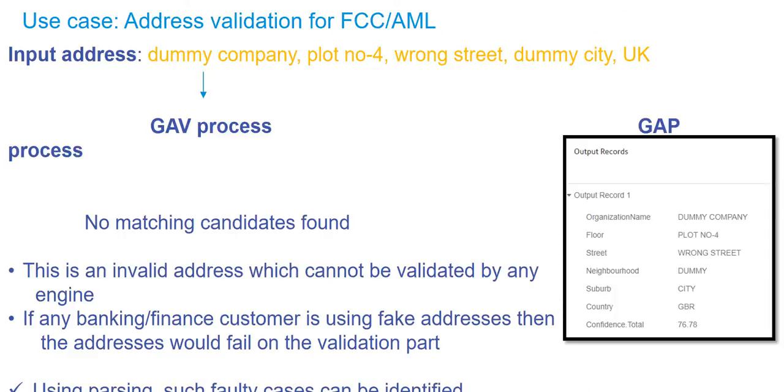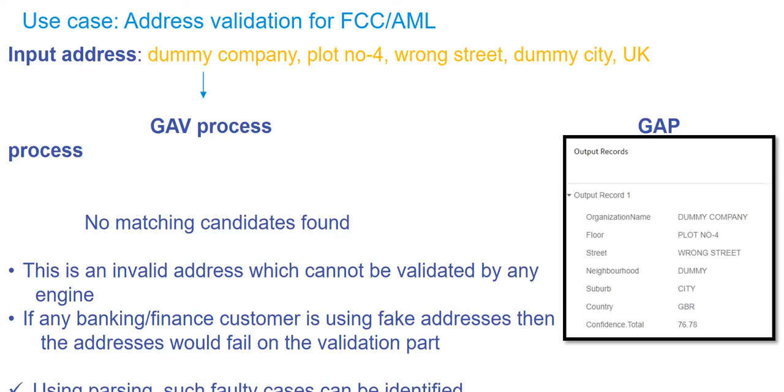Now the next two to three slides will quickly skim through the other use cases of the address parser apart from the uplift in address validation. So there is this use case of financial crimes and compliance, that is FCC. Now, if a fake address comes in and it is just passed through the global address validation, you'll just get the address as valid or invalid.